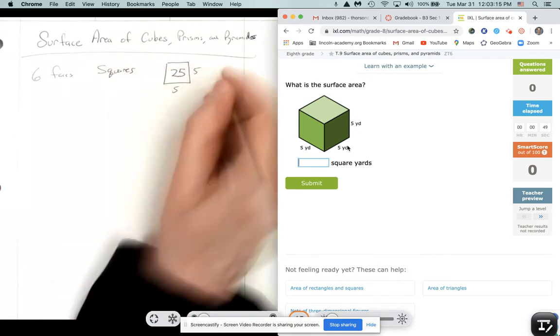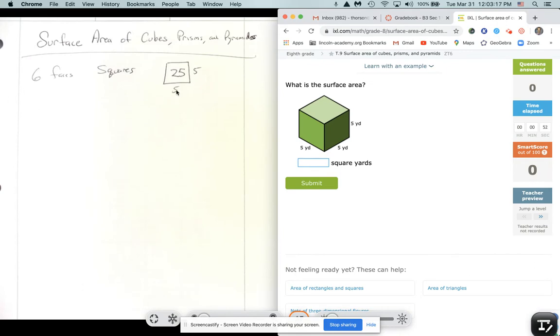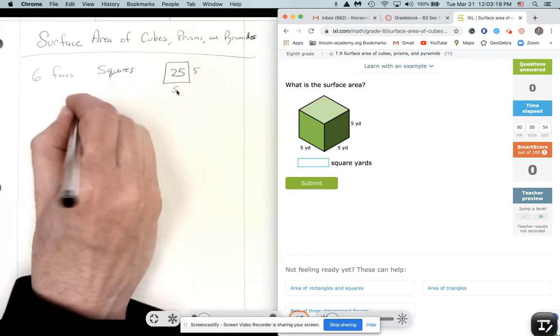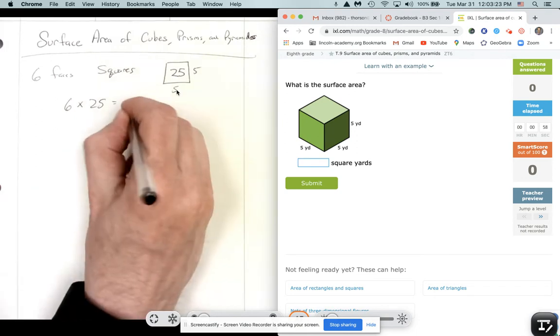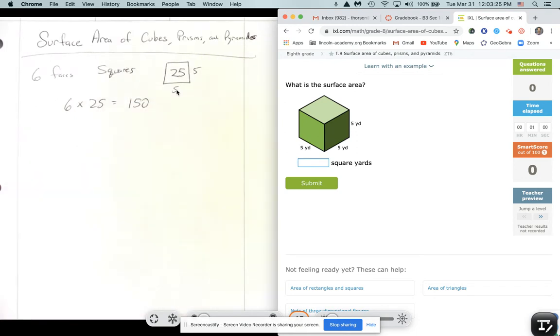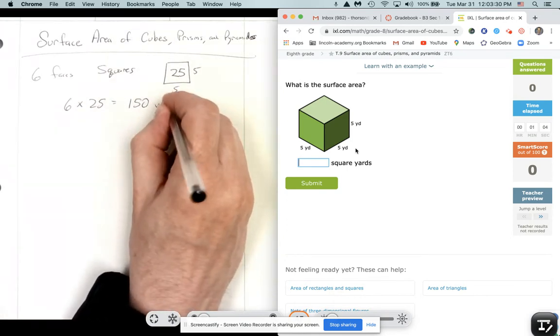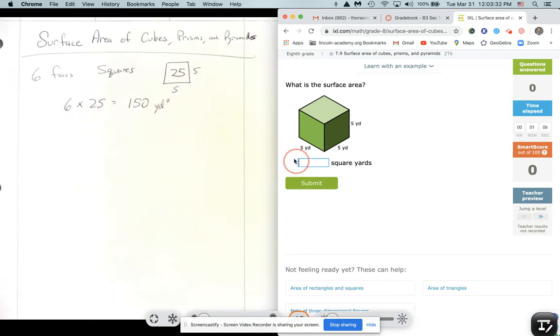That's 25, and I have 6 of those. So 6 sides times 25 equals 150. This was in yards, so they're going to want it in square yards. They already put the units in here, so you just have to type in the number, 150, and submit.